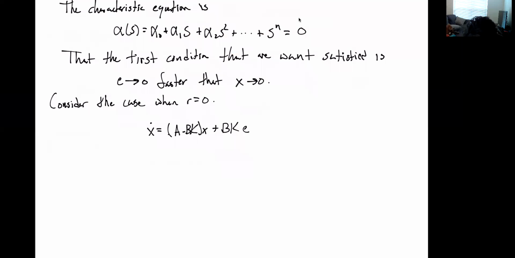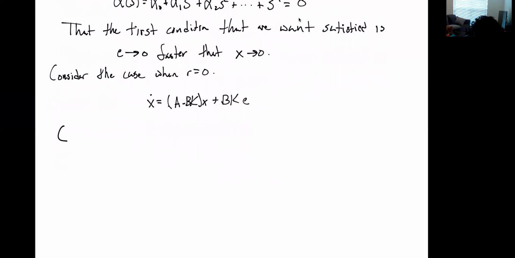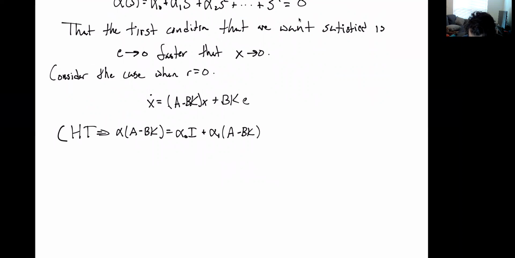Okay, so the Cayley-Hamilton theorem implies that we get alpha of A minus BK is equal to alpha naught times I plus alpha 1 times A minus BK plus alpha 2 times A minus BK squared plus all the way to A minus BK to the n is equal to 0.